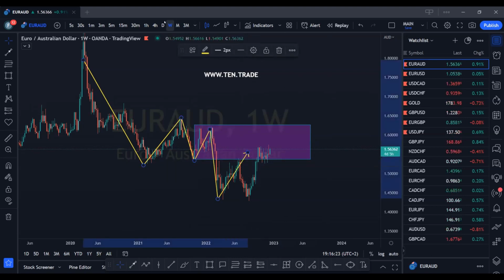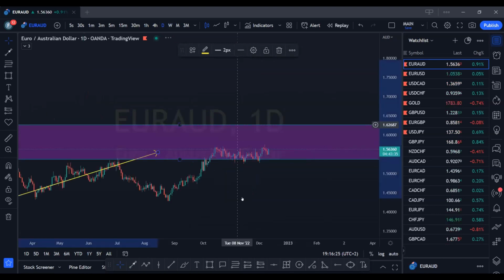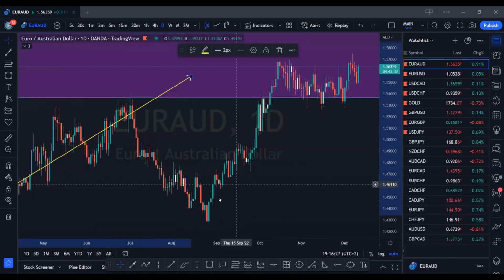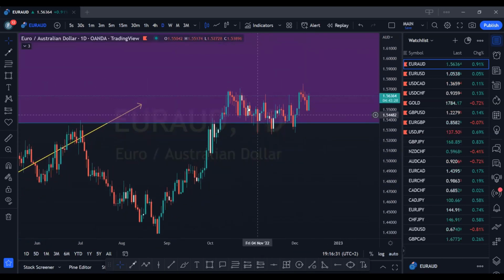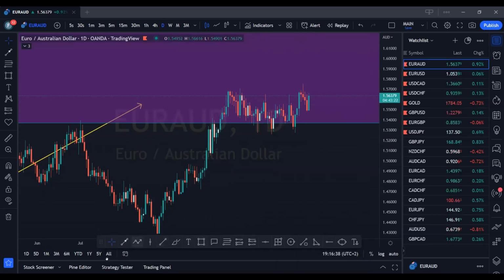All right, so let's go to the daily chart and see what's going on. Now we know that this zone is a supply zone on the weekly, and the daily is giving us a bullish order flow here. As you can see, price going up like so.